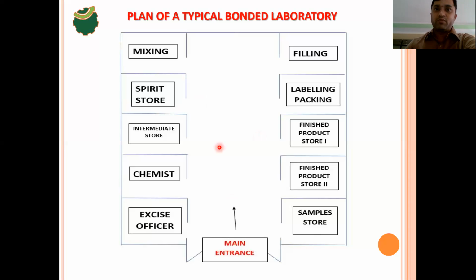There is only one entrance, the main entrance, and exit and entry will be done with only one door, that also in the presence of the excise officer only. So in the exam, they may ask you a question: write in detail about bonded laboratory, or write the differences between bonded laboratory and non-bonded laboratory.